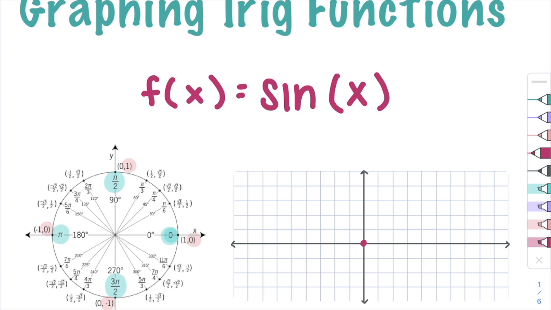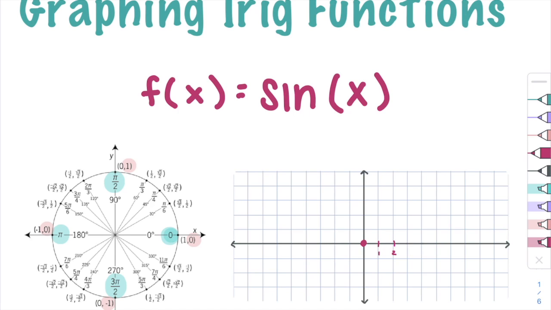Then, when I get to pi over 2, like I said before, I don't want to count 1, 2, 3, 4, because then I have to plug in numbers like the sine of 1. I don't know the sine of 1. The sine of 2, I don't know that off the top of my head. I'm going to count by numbers that make it easy for me to plot this.